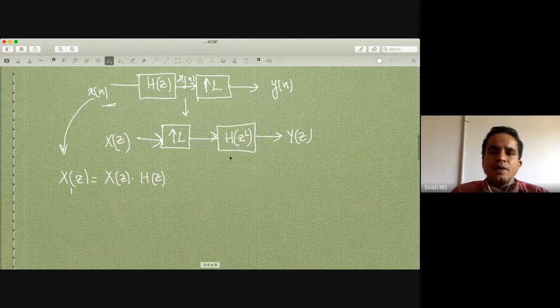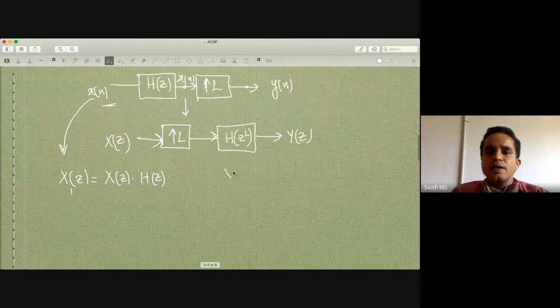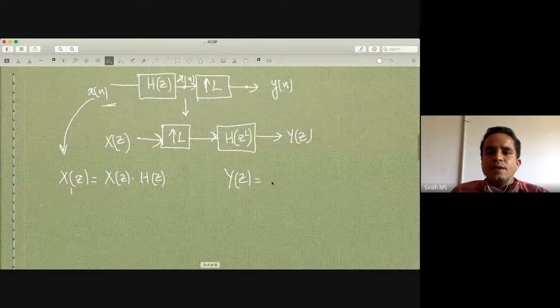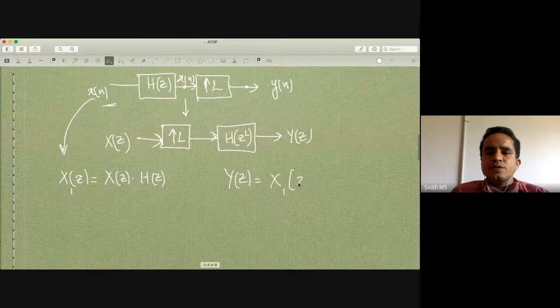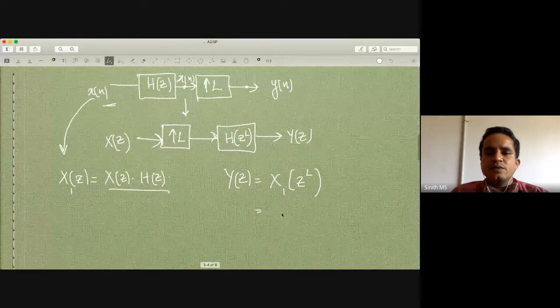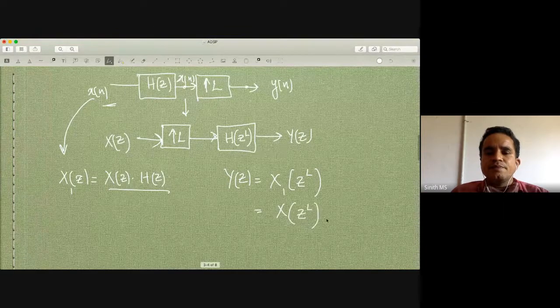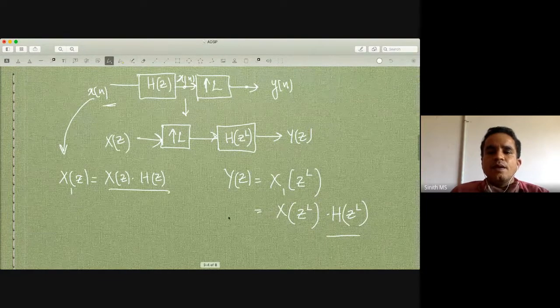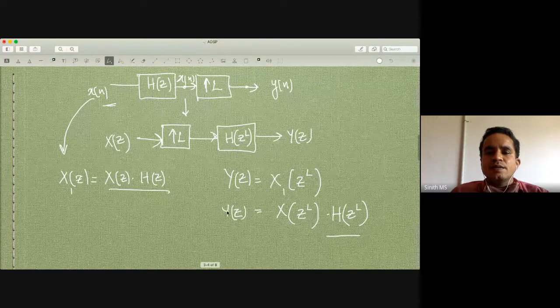And if it is passed through this upsampler of factor L, capital Y(z) will be X1(z^L). Now what is X1(z)? It is X(z) into H(z). So if you replace, this becomes X(z^L) into H(z^L). So Y(z) is something like this.